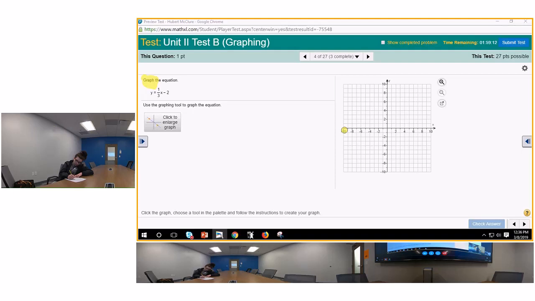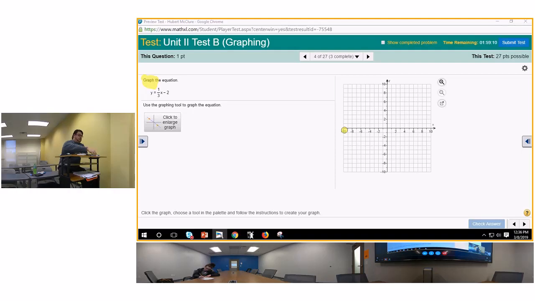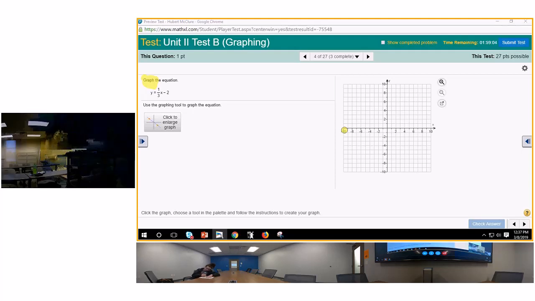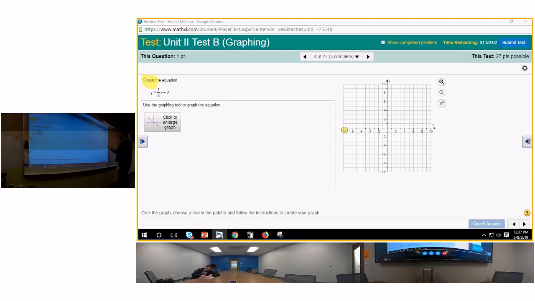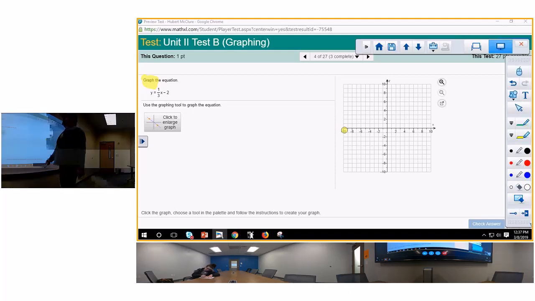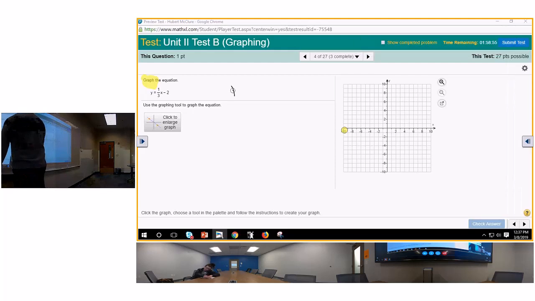So which method am I going to use? I'm going to use the third method because the one that works best with fractions is the third method. But you can use 1 or 3 because y is by itself. So y is equal to 1/3 x minus 2.